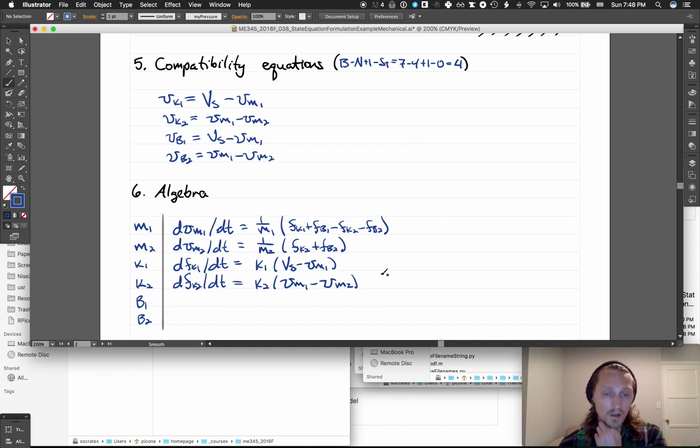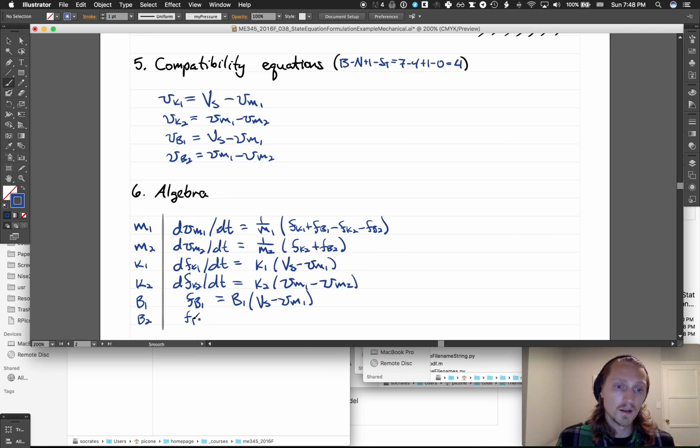All right. So finally, for our damper equations, we had that Fb1 was equal to b1 times vb1. That was the elemental equation from above. So for vb1, we also have a compatibility equation, vs minus vm1, and it's very similar for the second damper equation.